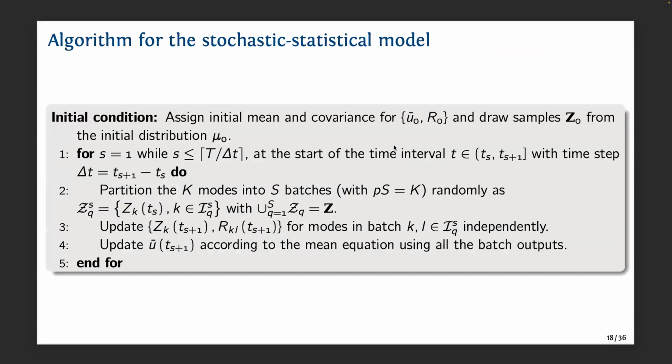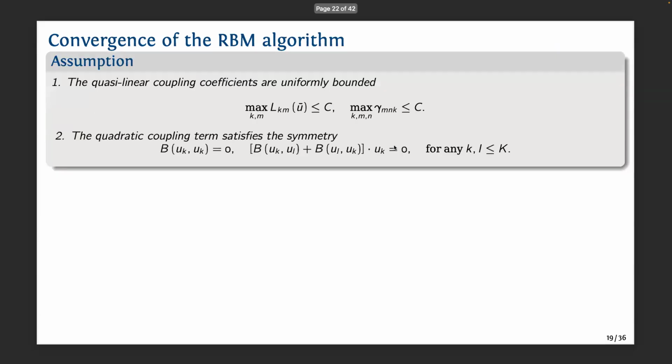And so this is a repeat of the algorithm as I described just now. We start with the initial value and the sample, and then we do the sample update in groups, and then resample in each time step. Then we can show this random batch method is indeed convergent to the true statistics in the averaging way.